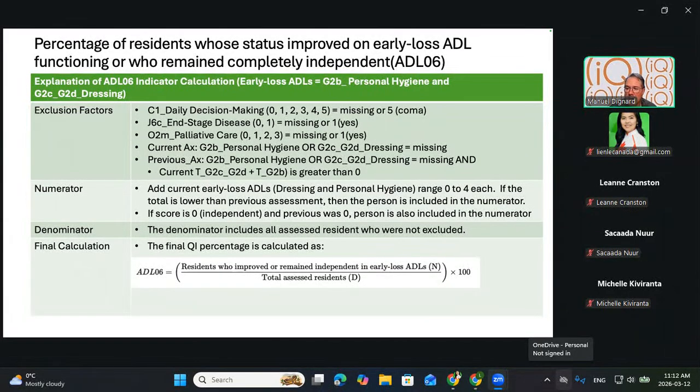All right, early loss function. Okay, so we're talking about personal hygiene and dressing. And these are typically the first areas of decline that we see in residents, right? So identifying and supporting improvement here again is critical for trying to slow that functional deterioration.